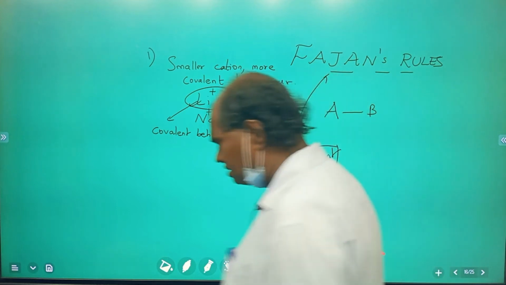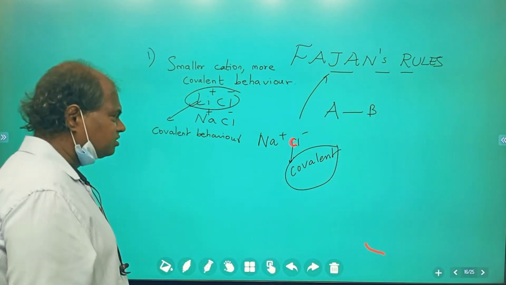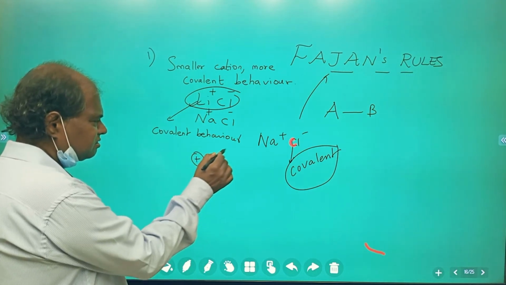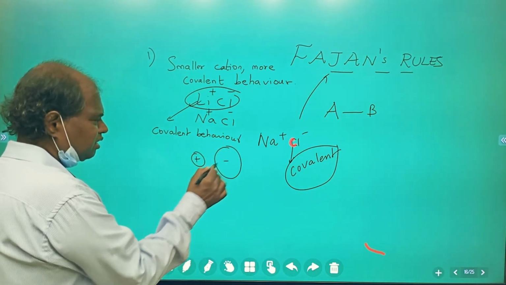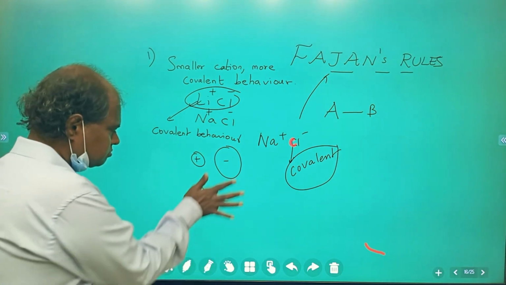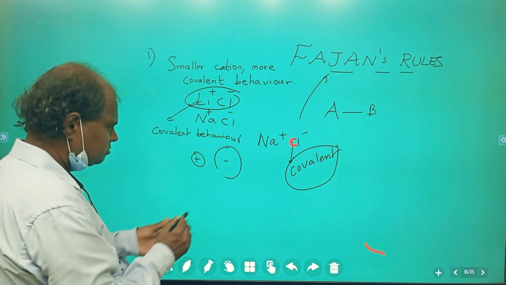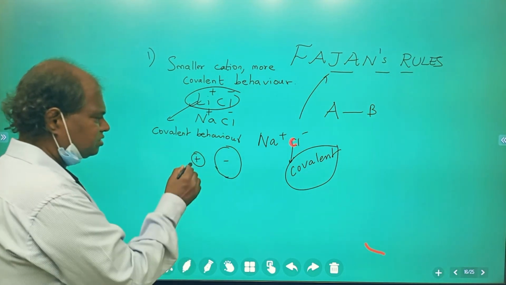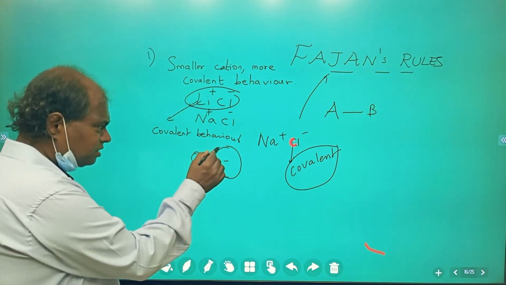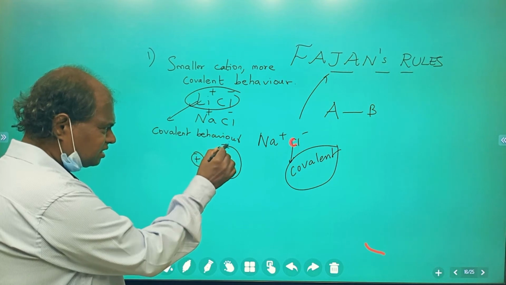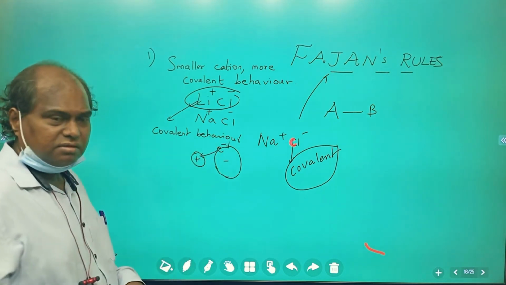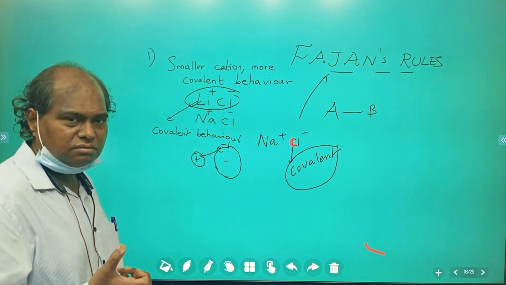Now let's see the reason why. This is the cation and this is the anion. If the cation is very small, it will pull the electrons of the anion towards itself. It will attract the electrons of the anion.